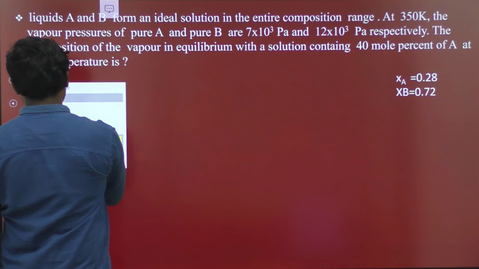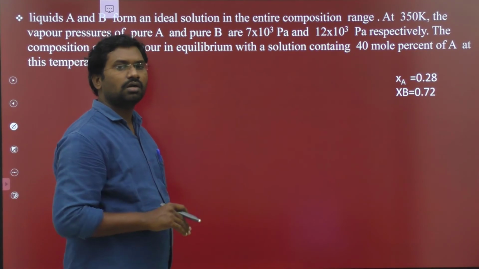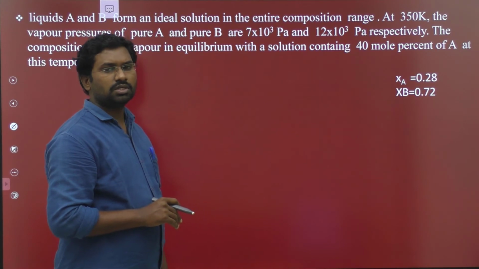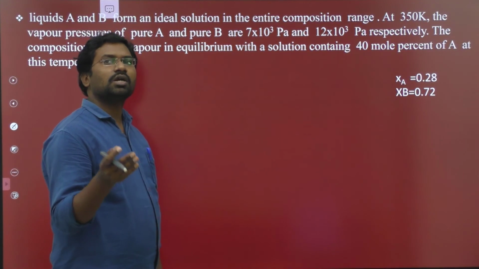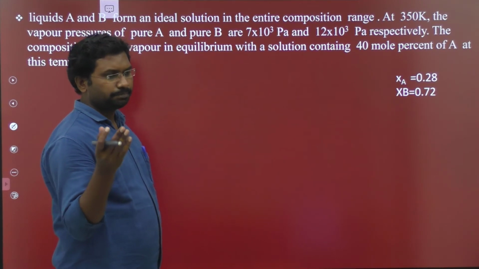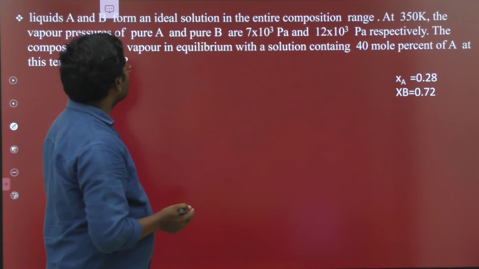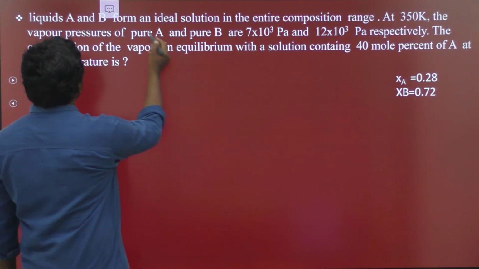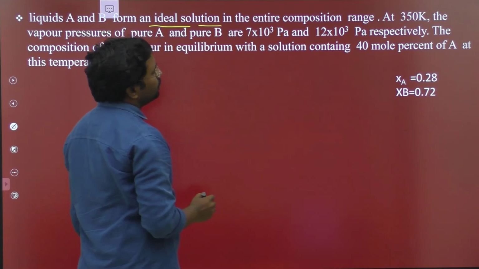Now we have to see some related problems regarding this particular chapter. These questions are from previous JEE Main questions and MSET questions regarding ideal solutions, non-ideal solutions, and the concept of azeotropic mixtures. So look at this one. Liquid A and B form an ideal solution in the entire composition range.